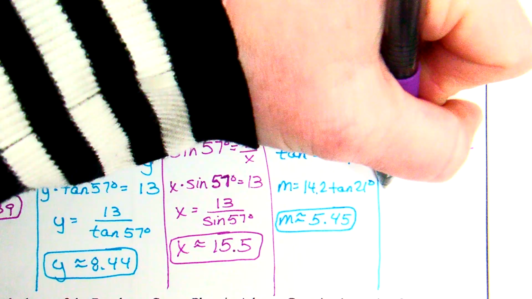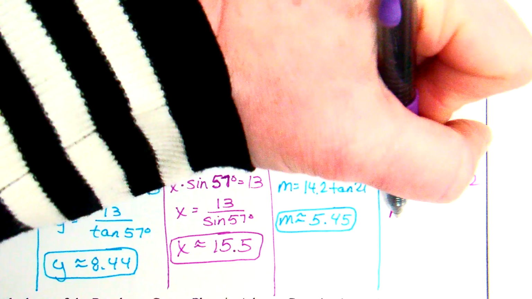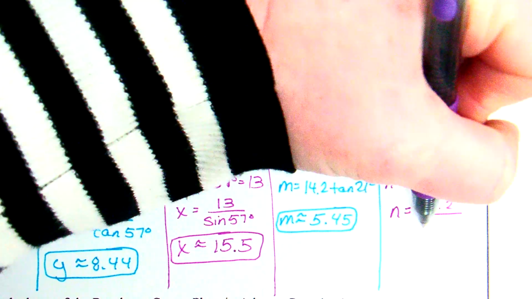So n times the cosine of 21 equals 14.2. Divide by the cosine. 14.2 divided by cosine of 21 is 15.21.